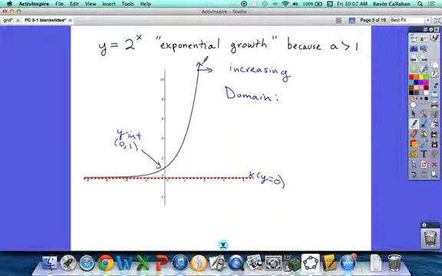So in terms of domain, it's clearly going infinitely to the left, and infinitely to the right, so the domain is all real numbers. What is the range? It starts in the middle, it goes up from there, and it actually does not touch the middle. So you're going to have to say y is greater than 0.